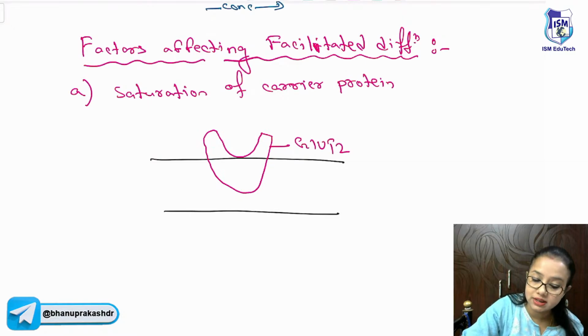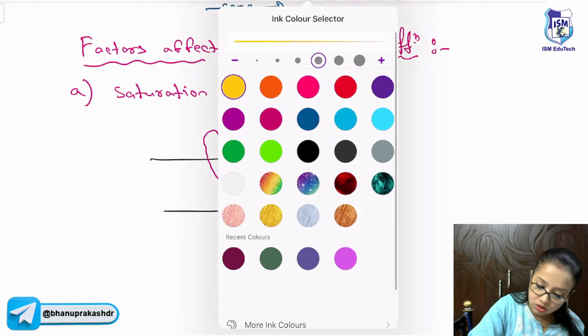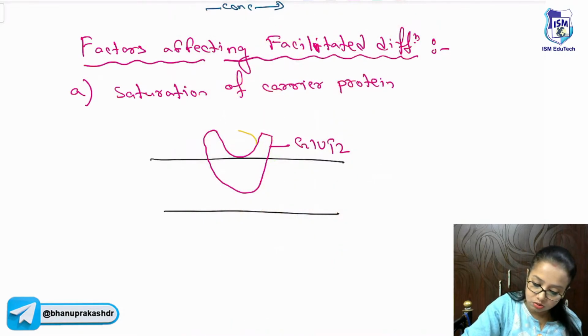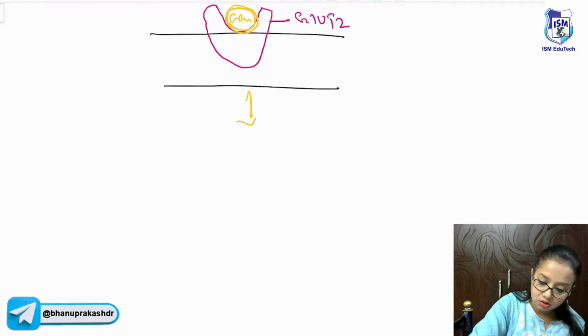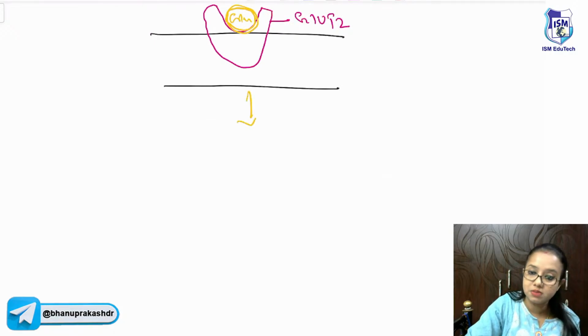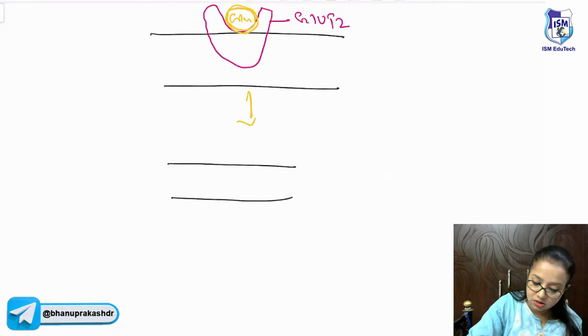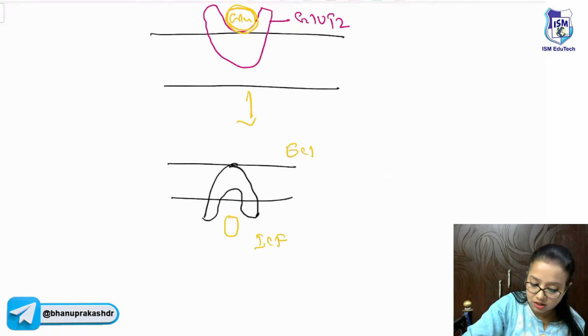So it has got a binding site. On its binding site, what is binding? It is the glucose molecule that is binding, right? Once this glucose molecule is bound, a conformational change happens, which later delivers the glucose from the ECF to the ICF.